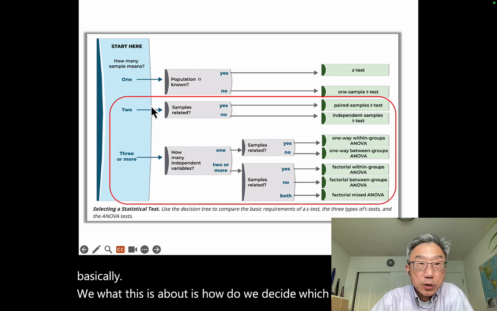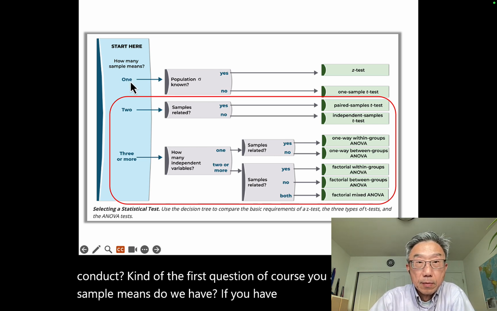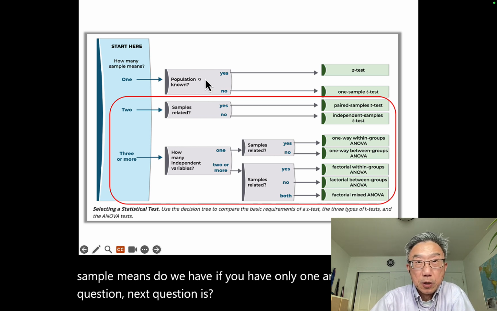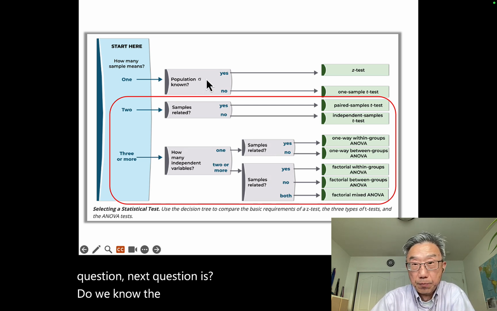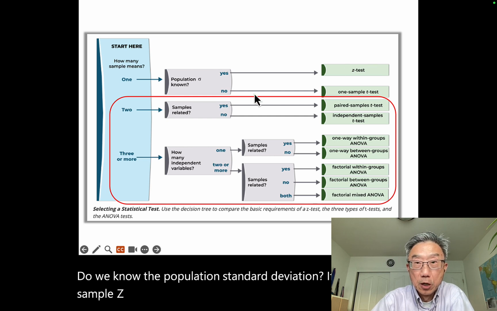The first question, of course, you ask is how many sample means do we have? If you have only one, the next question is, do we know the population standard deviation? If yes, it's a 1 sample z-test. If no, a 1 sample t-test.